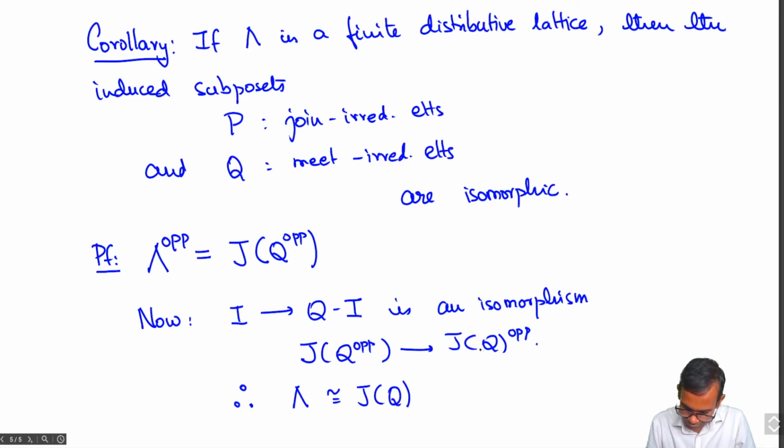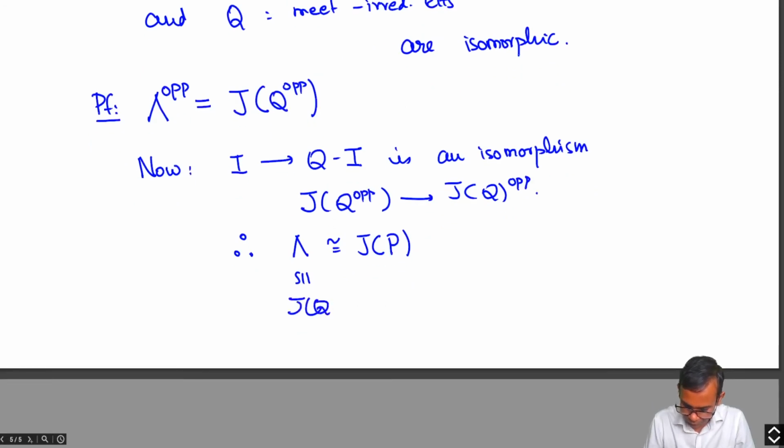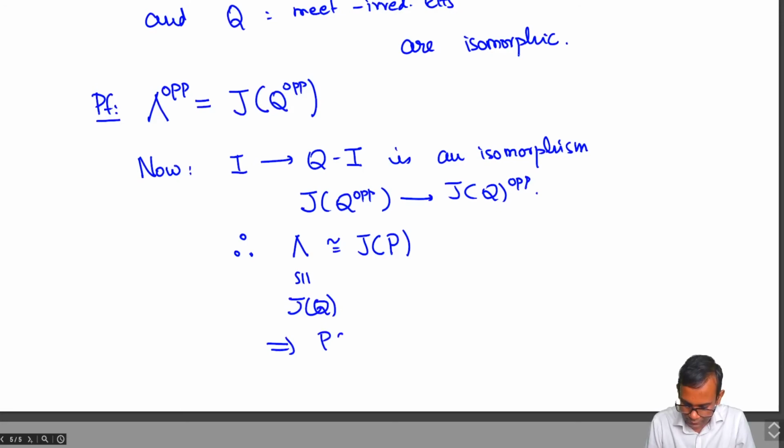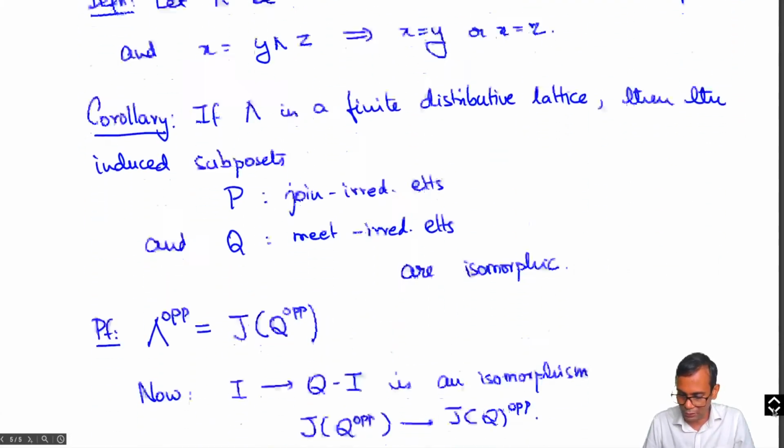This is again by the fundamental theorem of finite distributive lattices, and here we have lambda op isomorphic to JQ op, which means that lambda is isomorphic to JP by the fundamental theorem of finite distributive lattices, and here what we've shown is that lambda op is isomorphic to JQ op, which means that lambda is isomorphic to JQ, which implies that P is isomorphic to Q by the corollary that we stated earlier, that if JP is isomorphic to JQ, then P is isomorphic to Q.